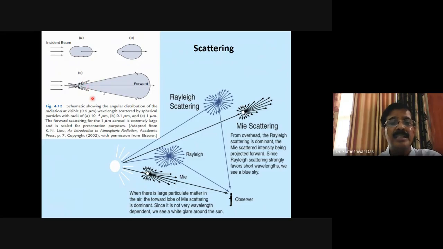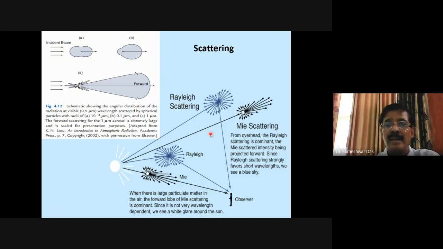So this 1 micron particle has the maximum scattering, as you can see. The forward scattering for the 1 micron aerosol is extremely large and is scaled for present purposes. Actually, it can go even beyond that, but it's scaled here in the diagram. So this is the particle whose size is approximately 1 micron.